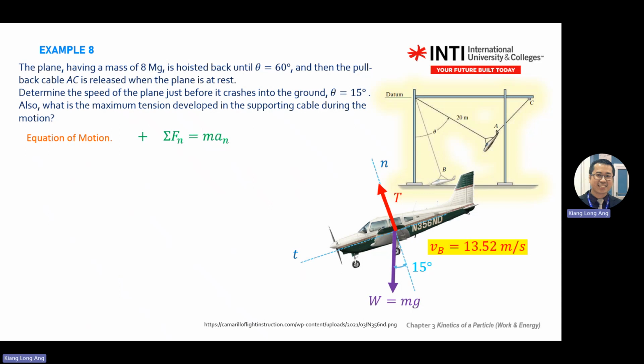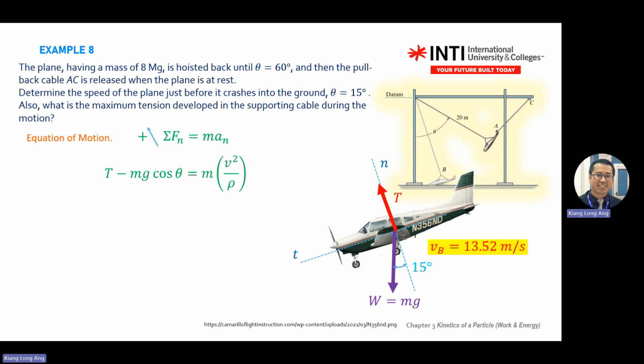Split into normal and tangent direction. So F in the normal direction, all the force: you have the tangent, you have mg cos theta, and this is normal. Remember, there's an equation for normal acceleration, v squared over rho, that you learned in chapter 2.